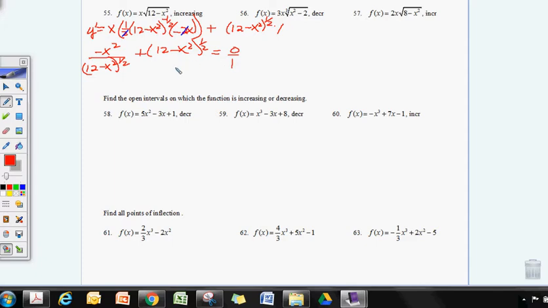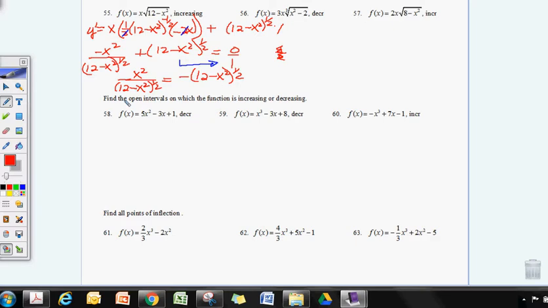When I have 0 over 1, or 0, I'm going to get something. If I did 1 over 0, not going to work, so I'm not worried about that. So just like I did earlier, I am going to take a term and move it to the other side. And when I do that, I get -x squared over (12 minus x squared) raised to the 1/2 power equals a -(12 minus x squared) to the 1/2 power.